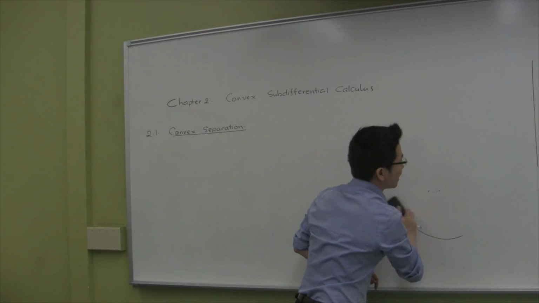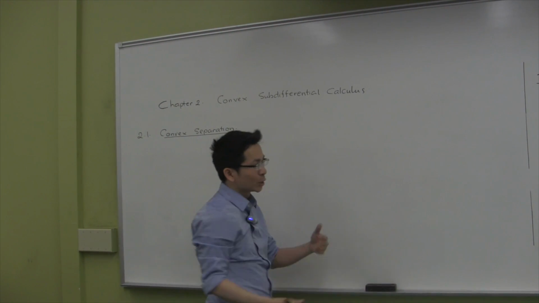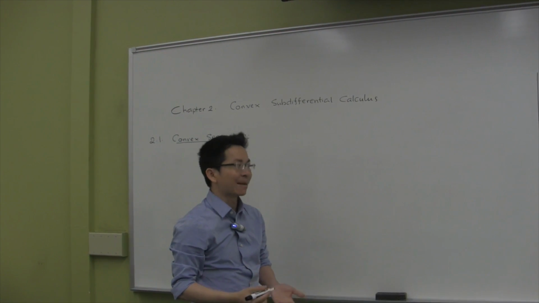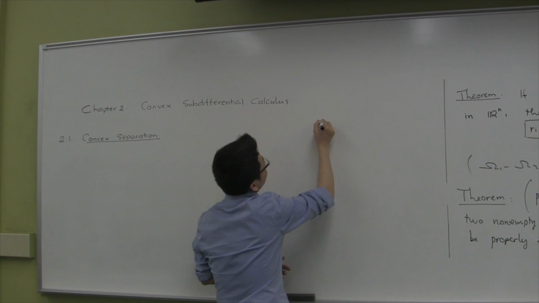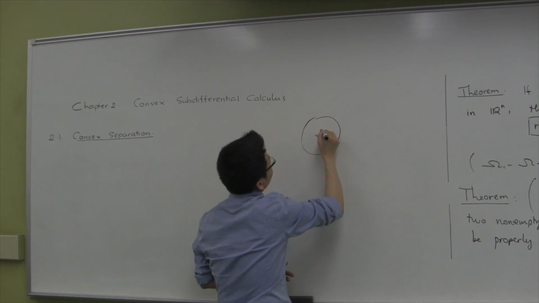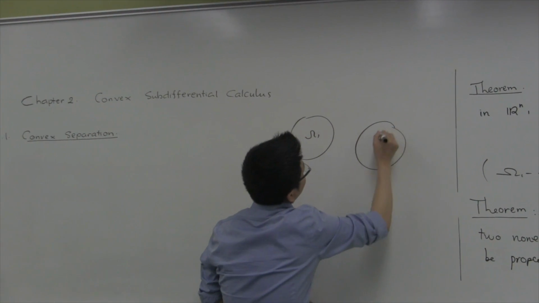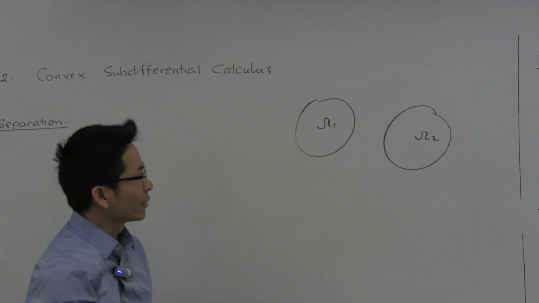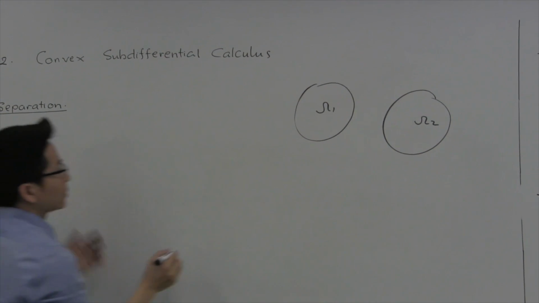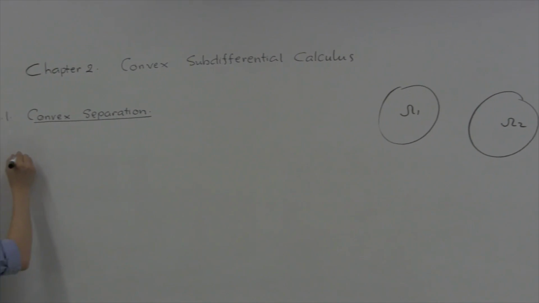So I'm going to demonstrate this theorem in some examples. Now suppose that omega 1 and omega 2 are two non-empty convex sets. So we have the following remark.